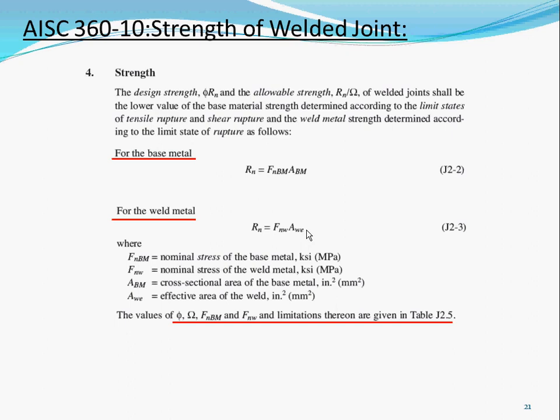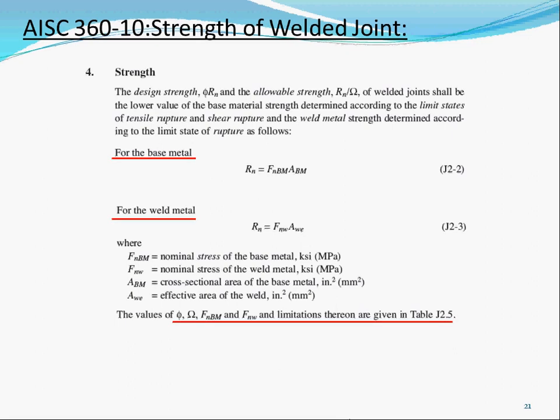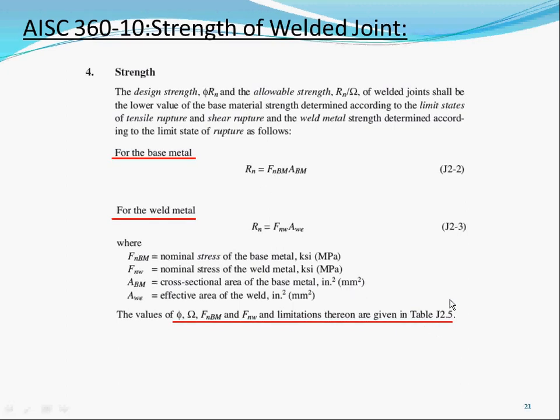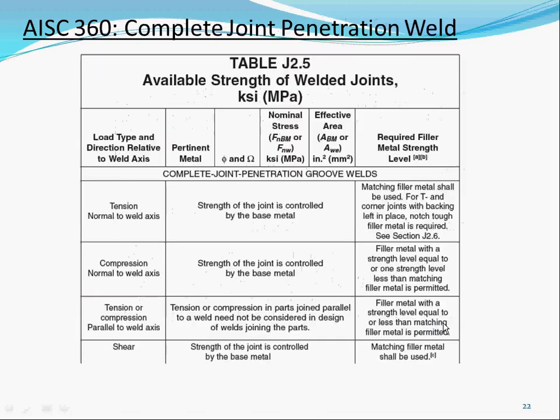That's why you have to check both the base metal and the weld metal, and all these phi factors. The nominal stress of the weld metal or the base metal is given in a table, and this is AISC 360, Table J2.5.